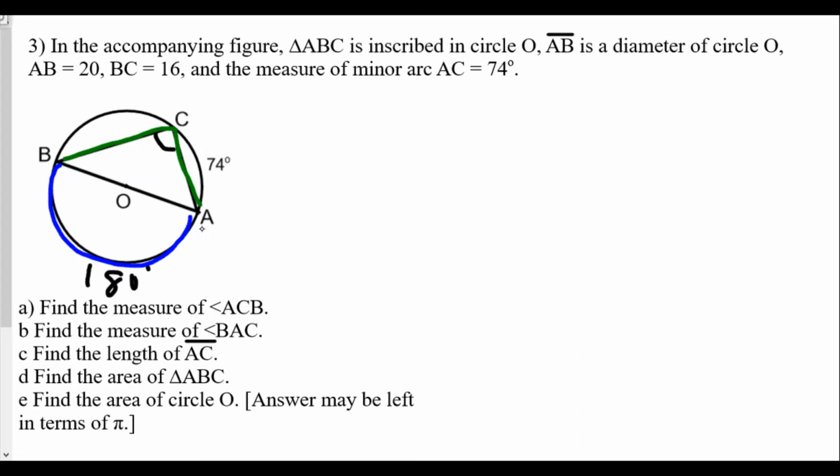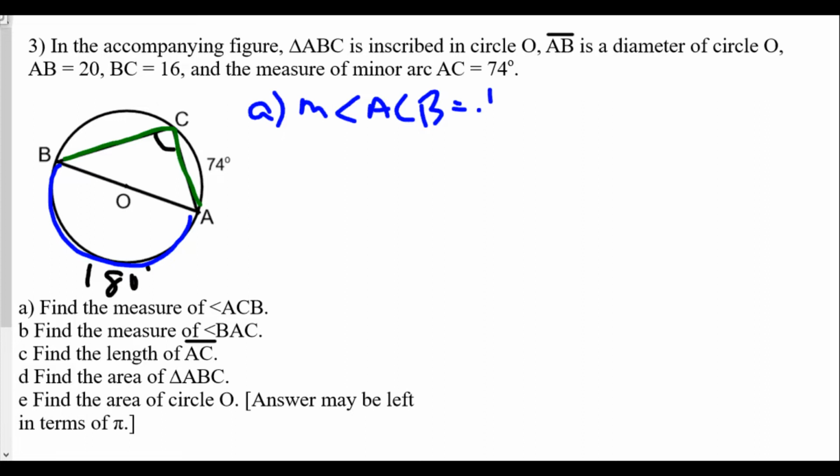Here's the idea. When I do these problems on my exams, I'm going to show you the template of what I'm looking for. I'm not looking for just the answer. I'm looking for the rule that helped you find the answer. Since angle ACB is an inscribed angle, the measure of angle ACB is equal to 1/2 the measure of the arc intercepted.